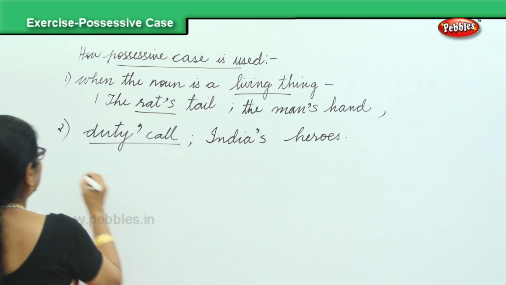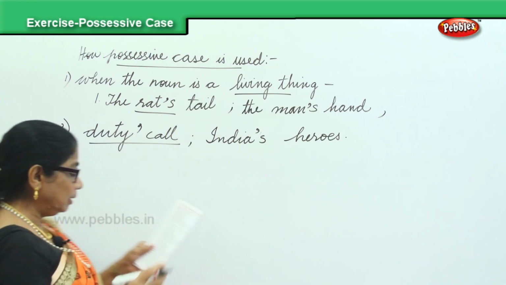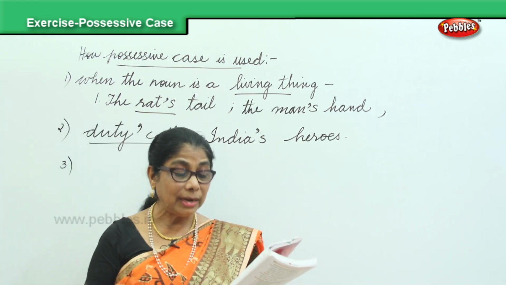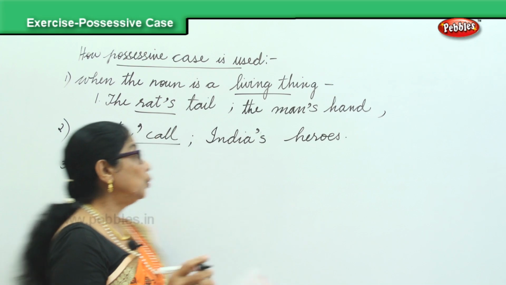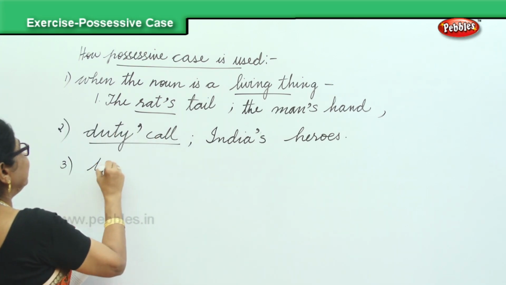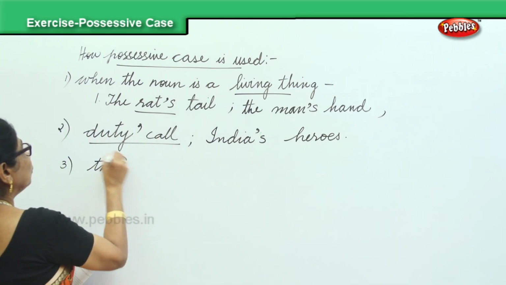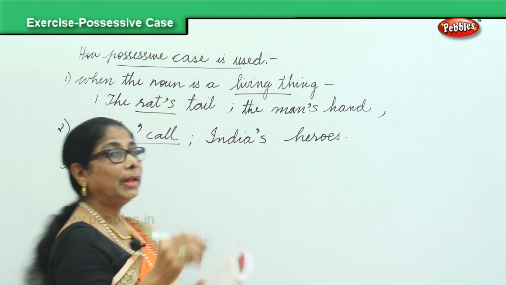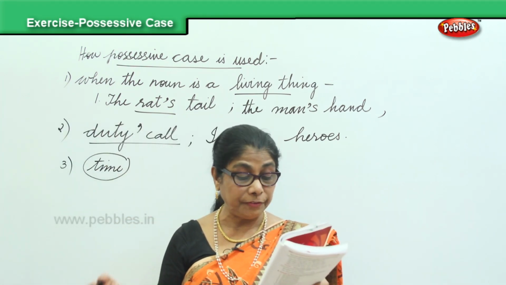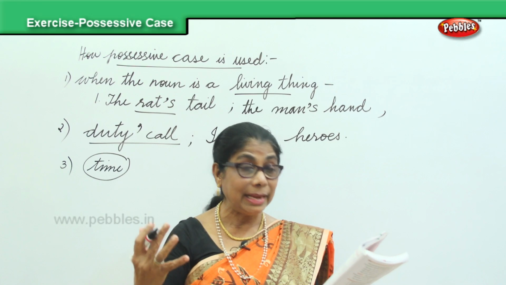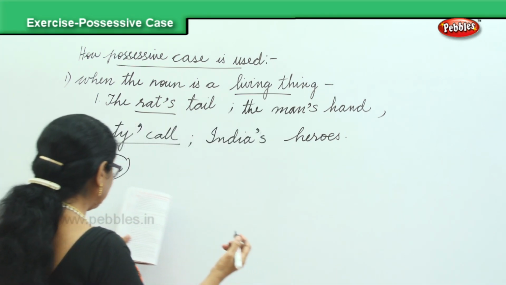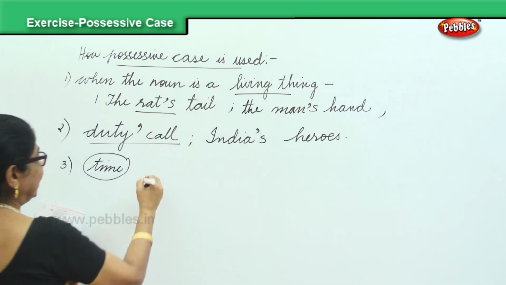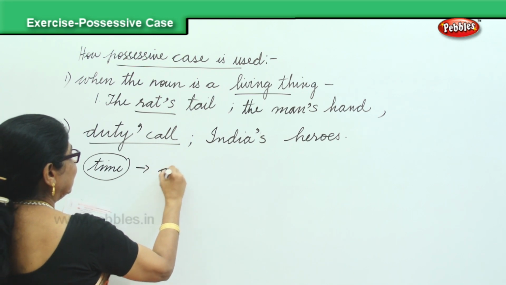In the third case, when a noun denotes time, when we are talking about time, then the possessive form is different. You'll say, a day's march, a week's holiday.